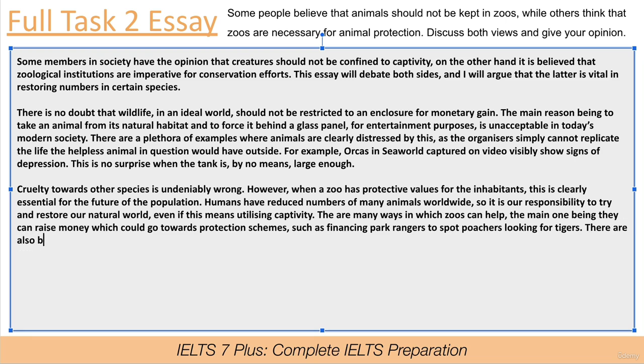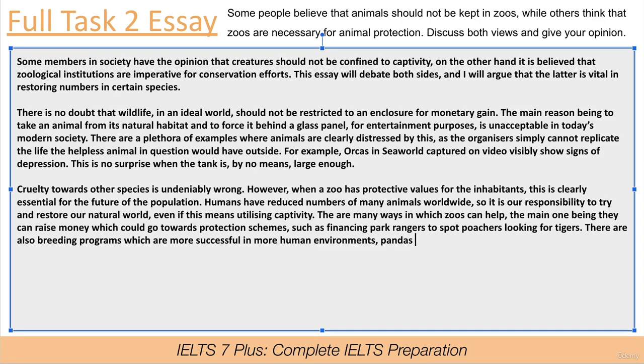Let's talk about the breeding programs. So there are also breeding programs which are more successful in maybe we could say more human environments.